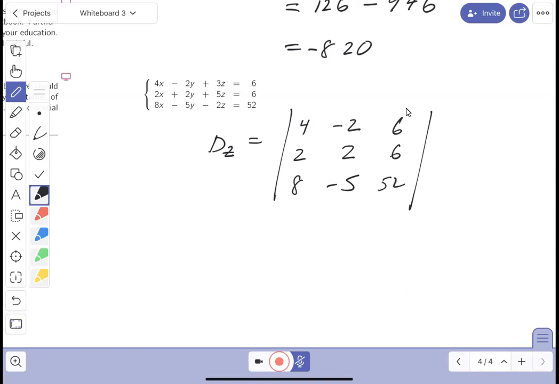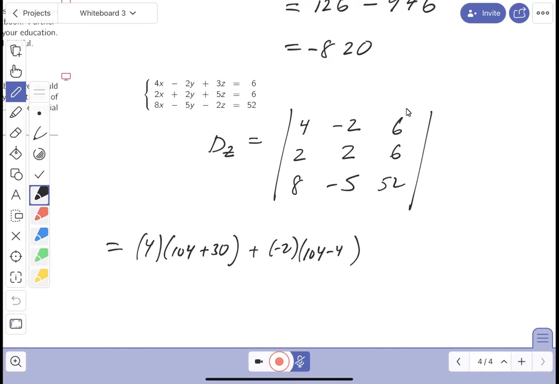I got to do that determinant now. 4. I'm getting a little better. So 2 times 52 is 104. And minus 5 times 6 is going to be minus 30, but it's minus 30 plus 30. Plus minus 2, put this parenthesis again. And 2 times 52 is 104.